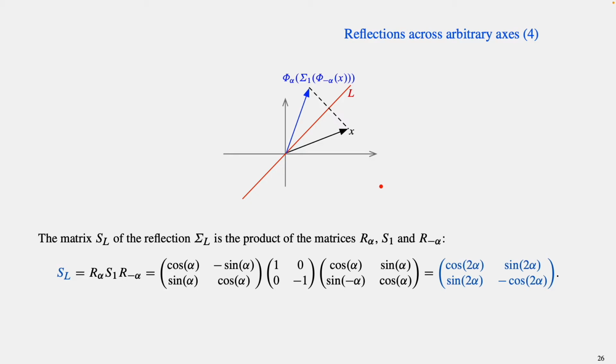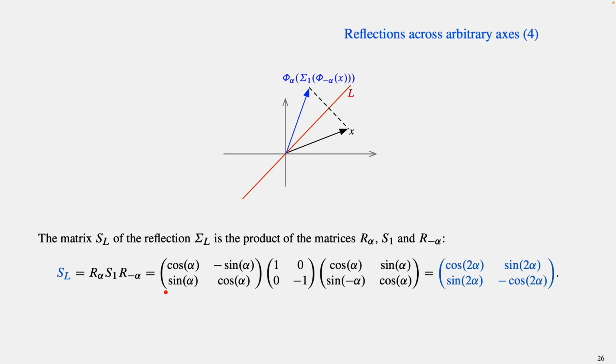And we want to express this in matrices as well. So the matrix SL of this reflection sigma L across this axis L is a product of the matrices that describe these linear maps that we used in the process. So SL is rotation matrix alpha times reflection matrix across the first coordinate axis times rotation matrix minus alpha.